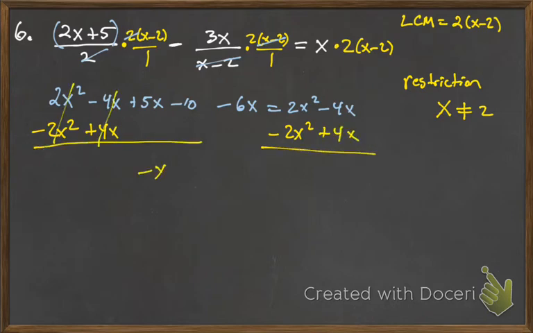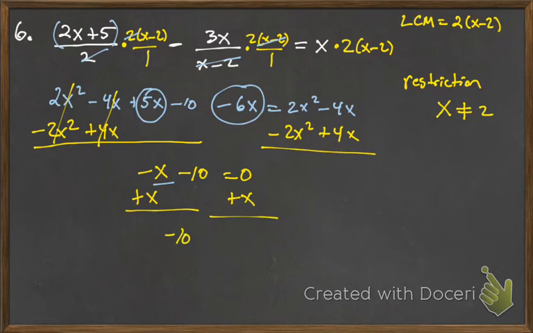Those cancel out, and now we've got a 5x and a minus 6x, so that'll make a negative x, and then we've got minus 10 still hanging out there. So this is not quadratic anymore, it's actually linear. We go ahead and add x to both sides, and we get negative 10 is equal to x, and we can run it by our restriction, which is positive 2, so that's fine.